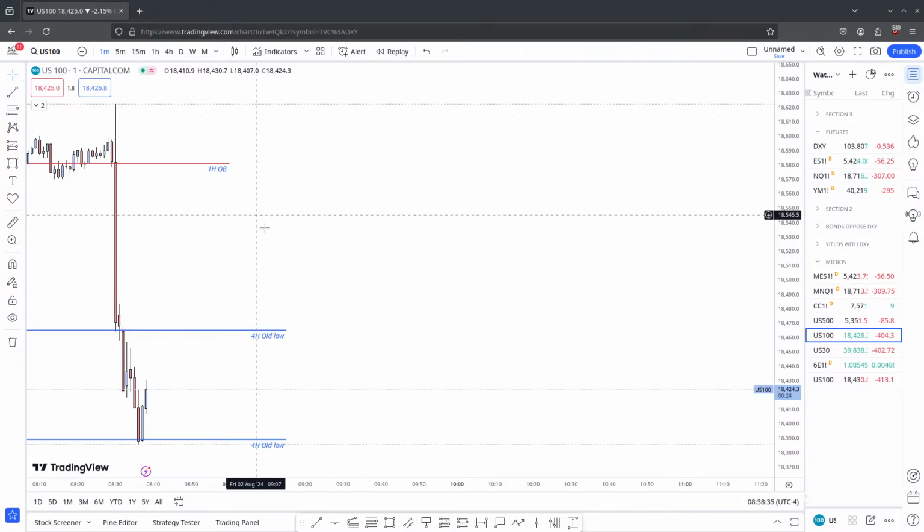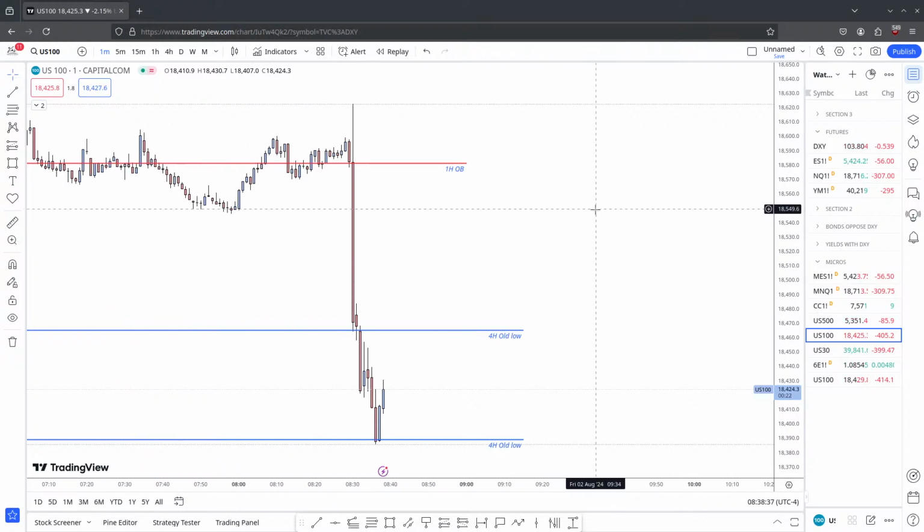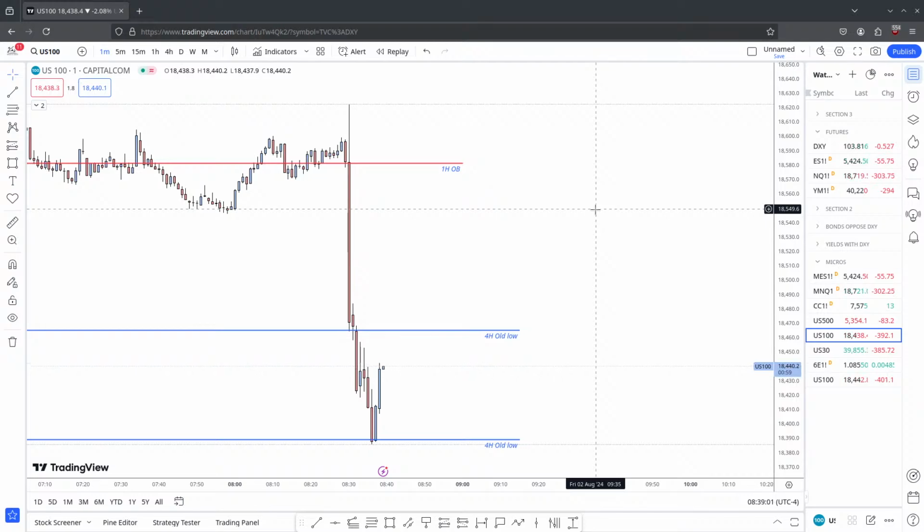I'm not really looking at dollar like I would on a normal day where dollar would be trading against the indices, just because we have that seasonal tendency where dollar just trades along with future markets. So I just am not really looking at dollar. I'm just not expecting it to be trading against future markets.